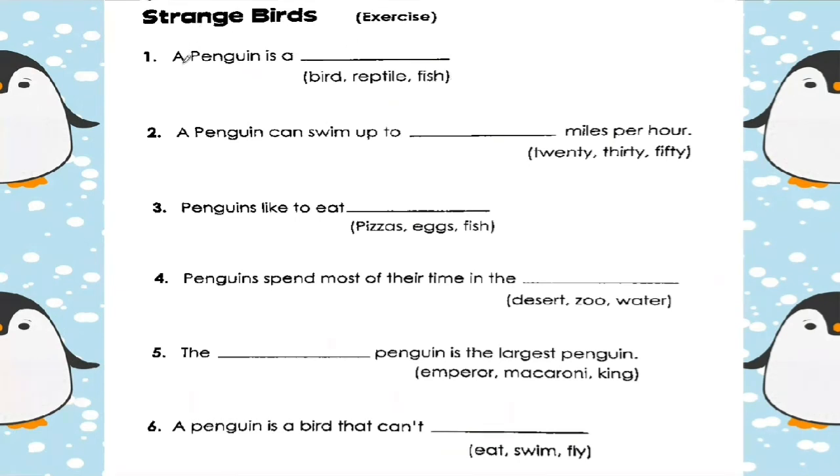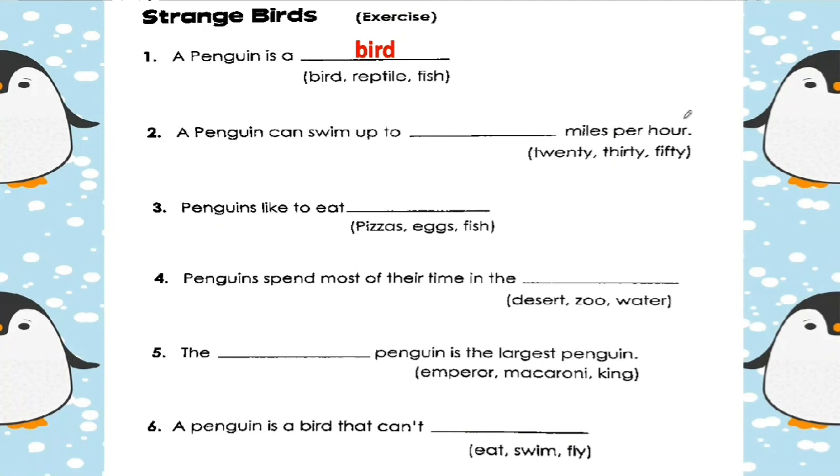Now, number 1, a penguin is a dash: bird, reptile, or fish. A penguin is a bird. Very good. Number 2, a penguin can swim up to dash miles per hour. Just find the answer in your comprehension.